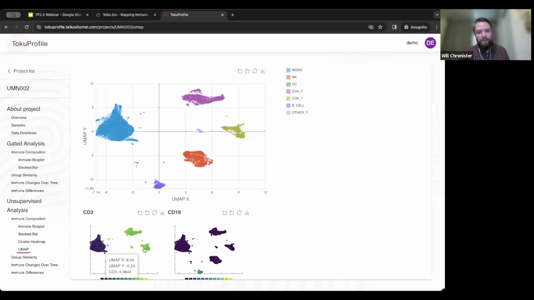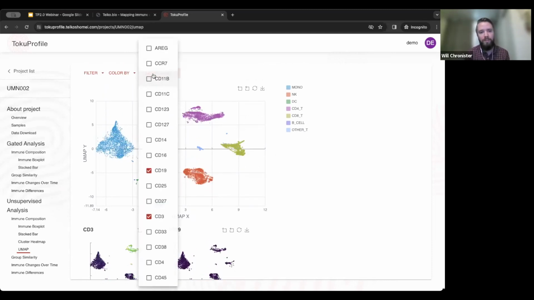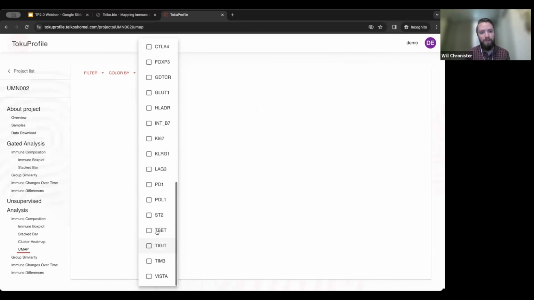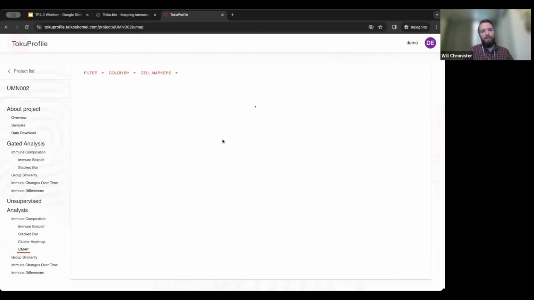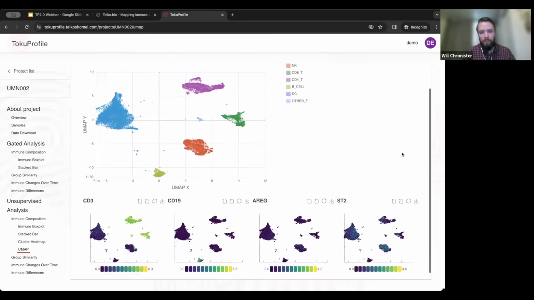And then we can also look at, in this case, the customer was interested in AREG and ST2. So we can look at those as well and see how they are expressed across the different clusters, and maybe that will lead to some interesting insights about where these markers of interest are being expressed.